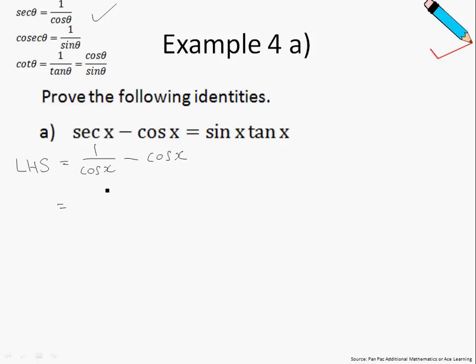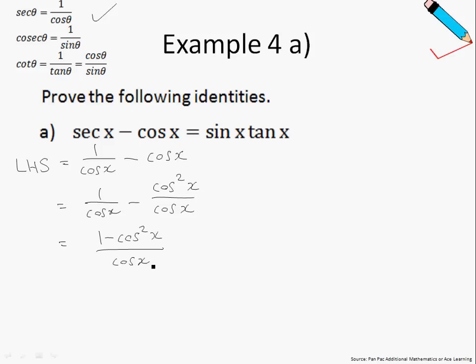In order to subtract these two fractions, I will need a common denominator. Cosine x can be written as cosine squared x over cosine x, so the common denominator will just be cosine x. Combining the numerators, I'll get this, and the denominator will stay as this.